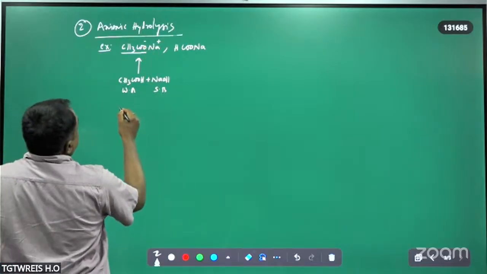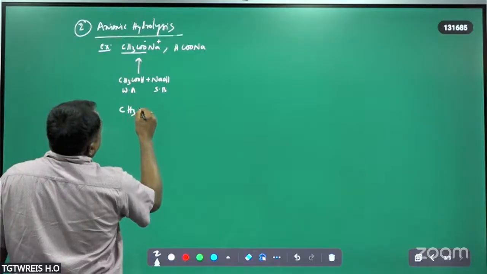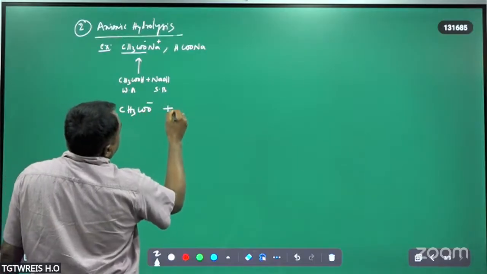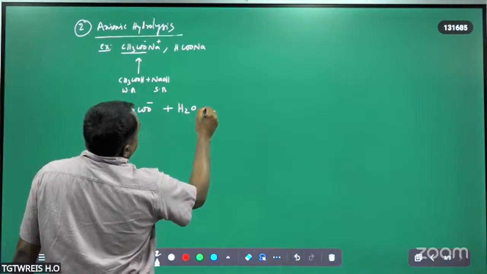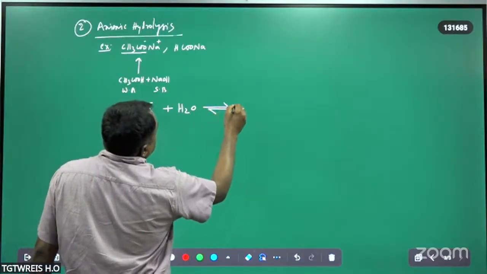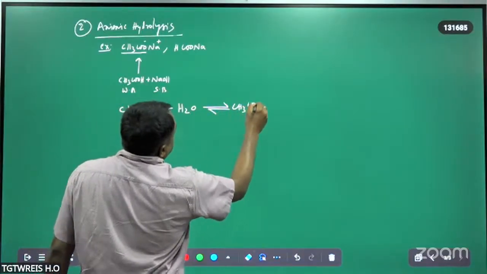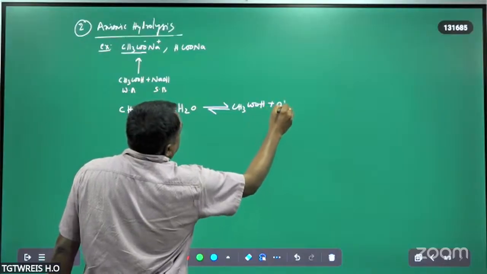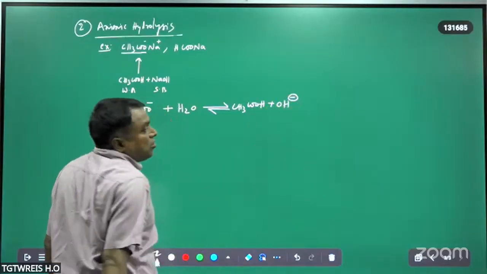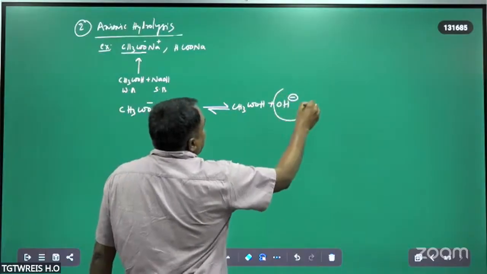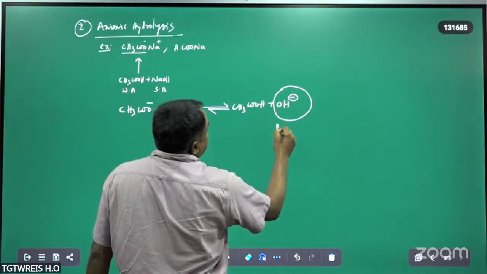So the anion of the salt undergoes hydrolysis. Now you will get CH3COOH plus OH-. So in the solution, you will get this type of ions, meaning basic in nature.